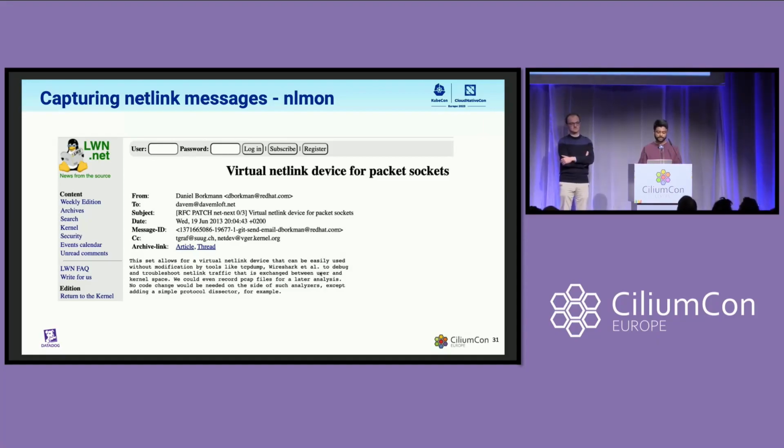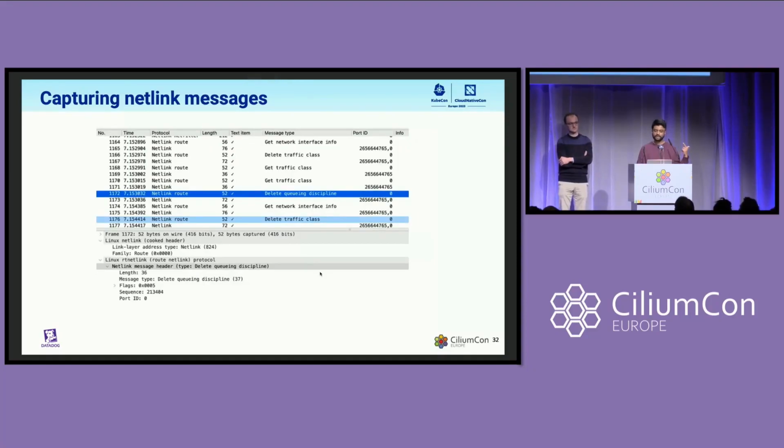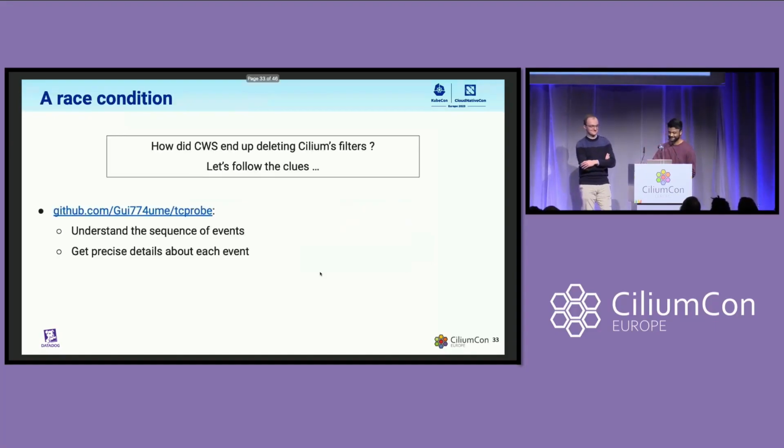So we built the kernel module, loaded it, and you could actually run tcpdump on the virtual interface and get all the netlink messages. But the protocol parser for these netlink messages did not have all the information that we wanted. So we wrote a custom one that captures all these messages, and Will will talk about that.